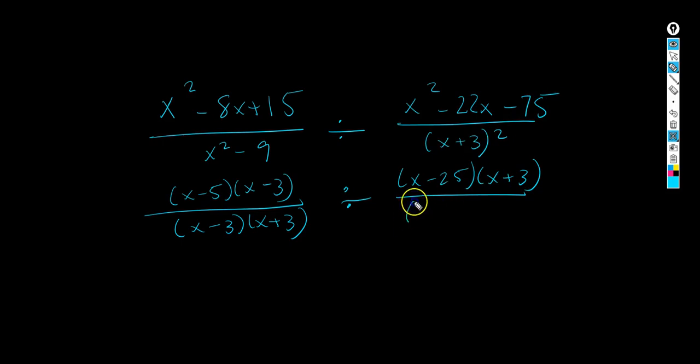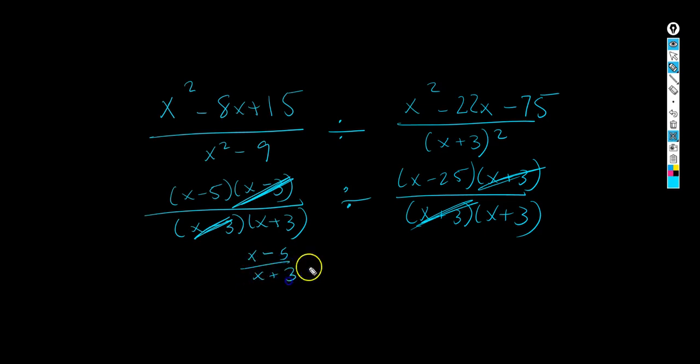And x plus 3 all squared is just x plus 3 times x plus 3. Okay, now before I do this, let's do some cancellation with the separate ones. Okay, so I'm going to have x minus 5 over x plus 3 divided by x minus 25 over x plus 3.